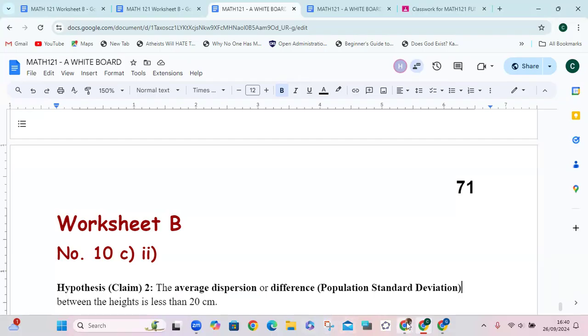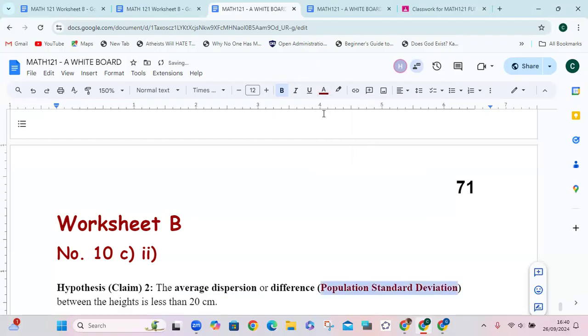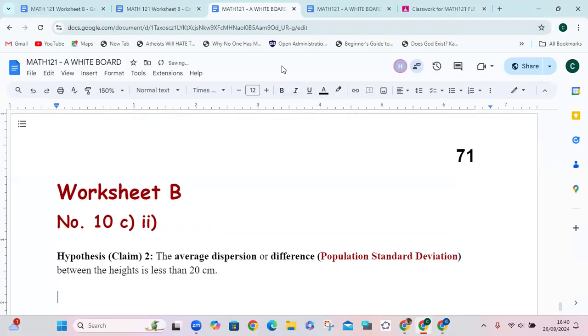The population standard deviation, as well as the sample standard deviation, describes the average dispersion. Now, whenever a claim is made, it is about the population standard deviation or the population mean. It's about the population. And data have to be collected from a sample to try to prove or disprove that claim. So this is the statement that we have to translate.